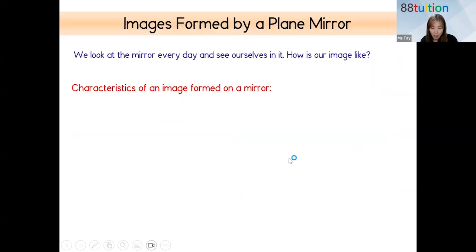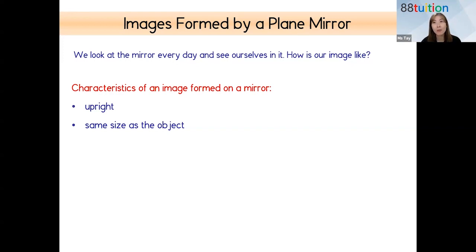So we also talk about the characteristics of image formed on a mirror. Must know this, okay? Number one, upright. What's the meaning of upright? When I say that I look into the mirror, the image is upright. My image is upright. The opposite of upright is what?